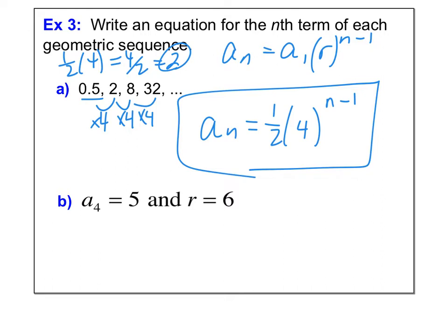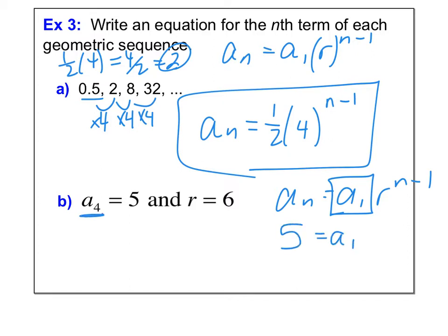Part B, we are not given a sub 1. We are given, however, the common ratio, so we can use this information to find what a sub 1 is. So we're trying to isolate that. A sub n, which would be the 4th term given to us, is 5. A sub 1 is what we're after, the common ratio is 6. Now if this is the 4th term given to us, then 4 minus 1 would be 3.